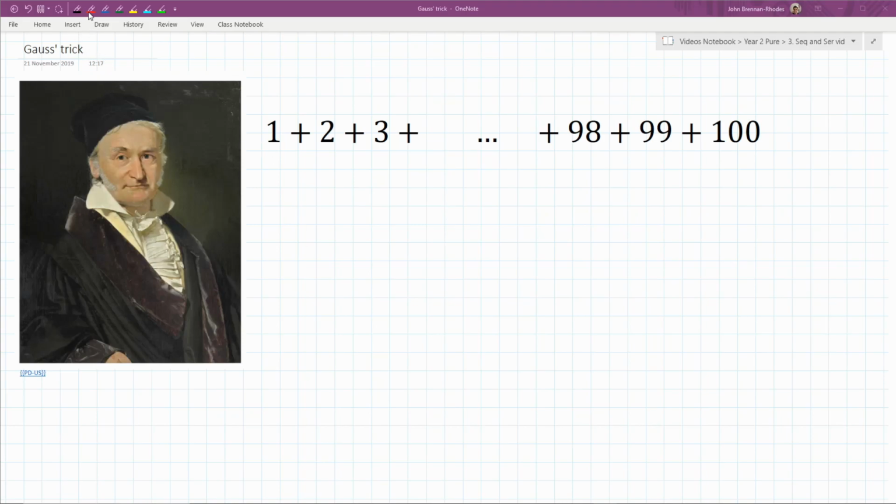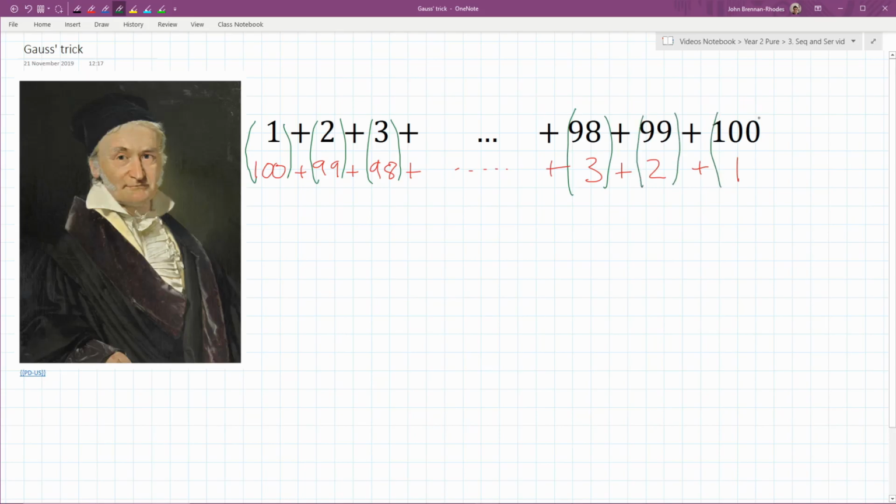Okay, the trick that Gauss supposedly came up with was to write the numbers underneath backwards. So 100 plus 99 plus 98 plus ... plus 3, 2 and 1. You'll get 2 lots of the sum from 1 to 100, but what you notice is that if you group these vertically, all of the different pairs add up to the same value.